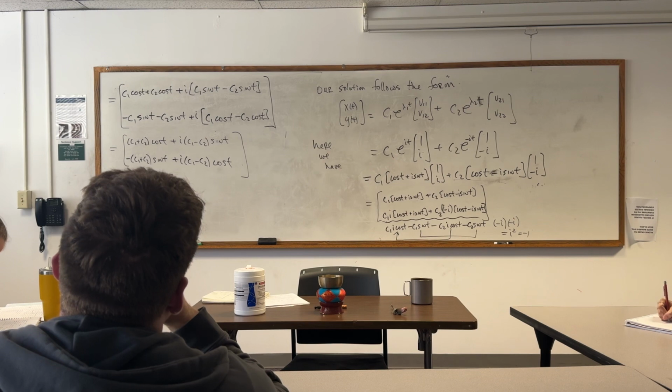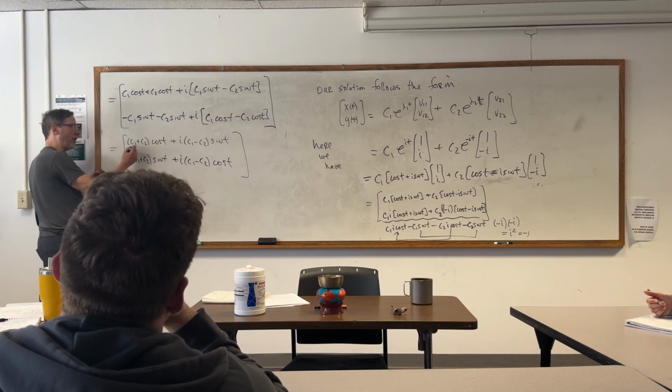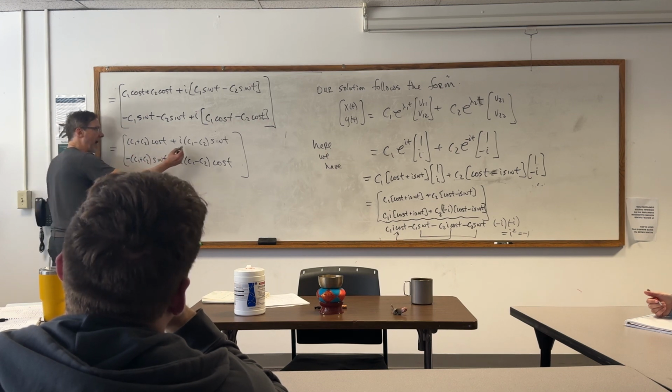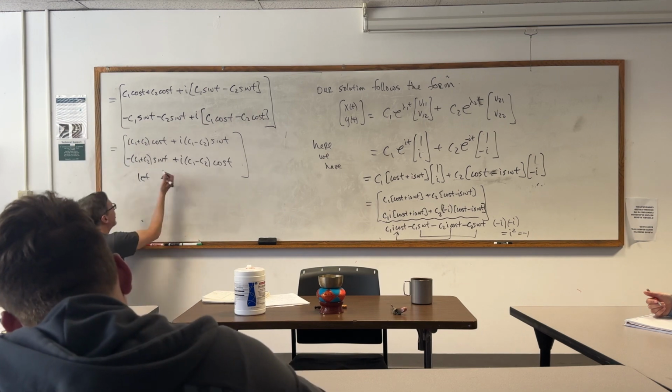Man, I'm glad we got through that. I'm probably as tired as you are after working through that. I'm very grateful to get through that, because what I'm going to do now is make some substitutions. I'm going to call this C1 plus C2, which occurs here, and then i times (C1 minus C2), which occurs here and here. I'm just going to call those new things.